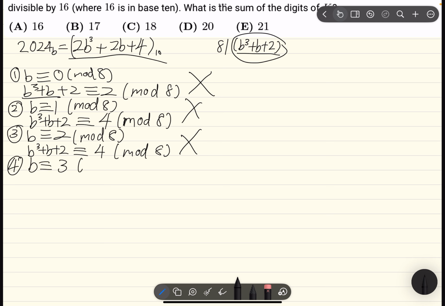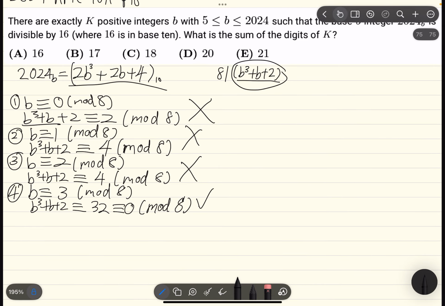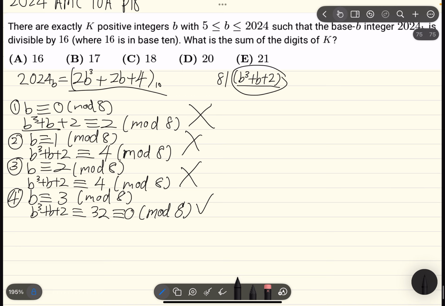Now let's look at more cases. When b is congruent to 3 mod 8, b cubed plus b plus 2 is congruent to 27 plus 5, which is 32, and this is divisible by 8. So this case works. What do we do when a case works? Any b that leaves a remainder of 3 when divided by 8 works, from 5 to 2024.